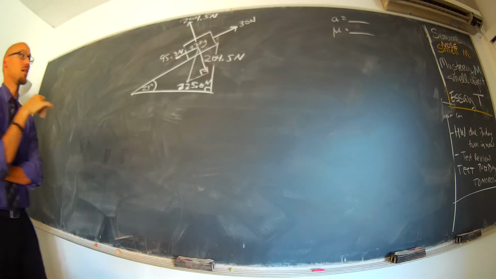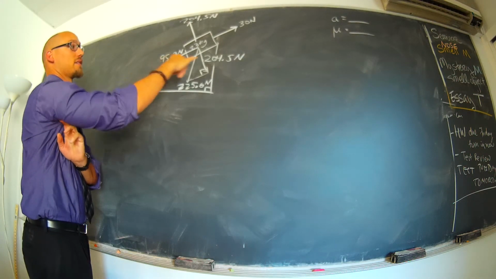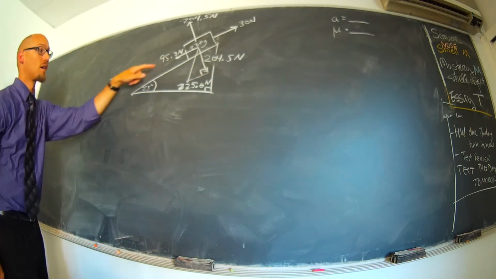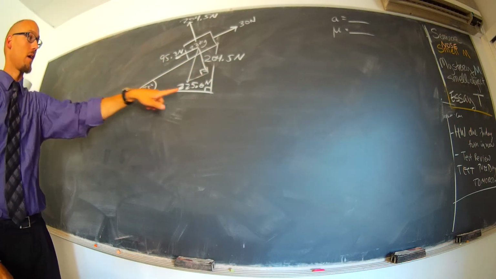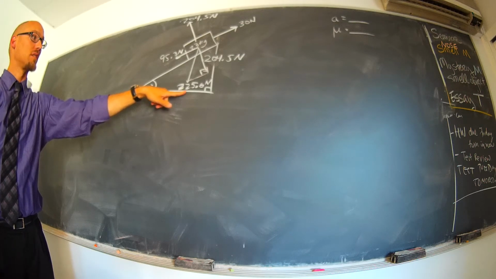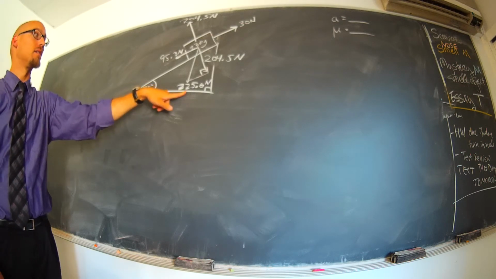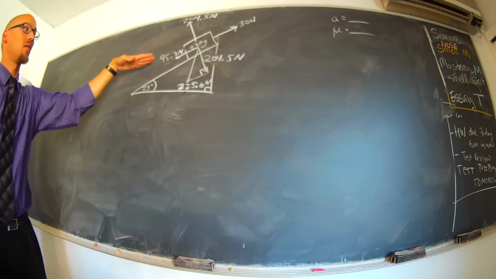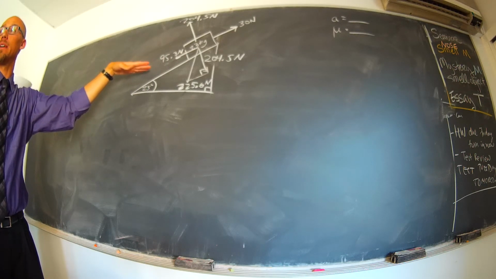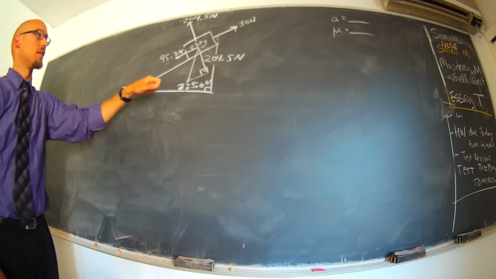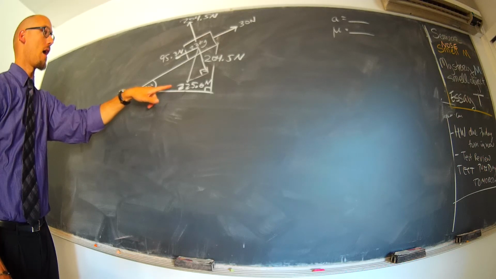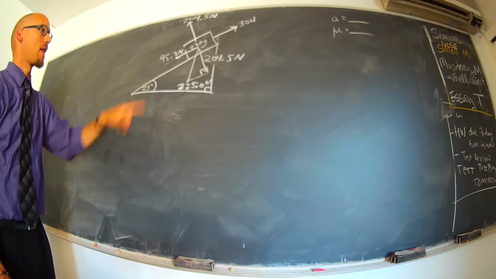Yeah. So did you guys break these forces? Where'd you get the 225? Is that the 23 times 9.81? Yeah. And then we broke this weight down into perpendicular and parallel forces to the incline. Now we have the forces. We just need to do the acceleration.